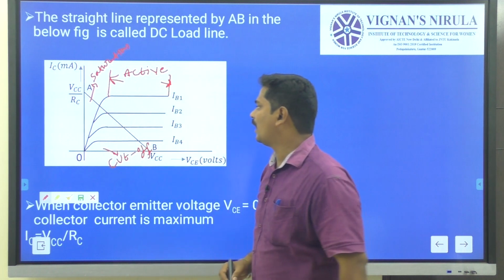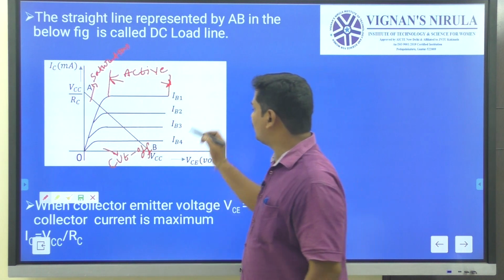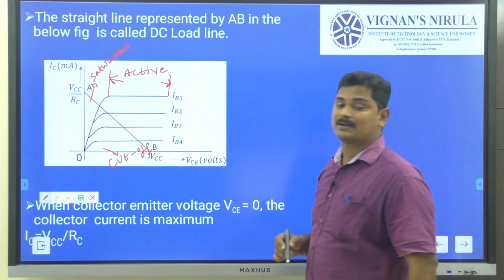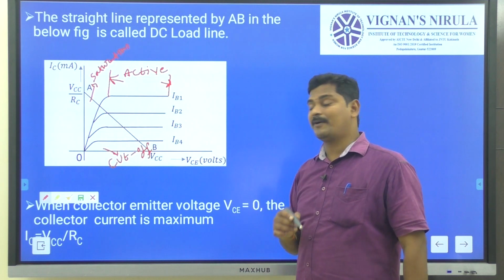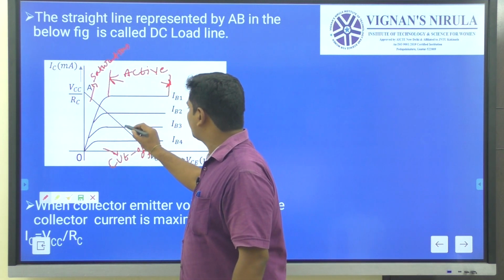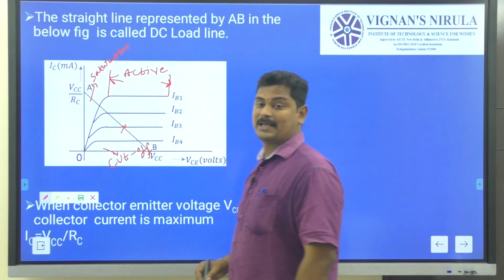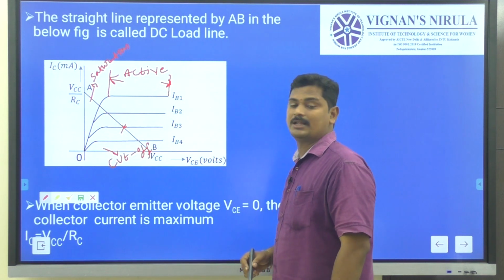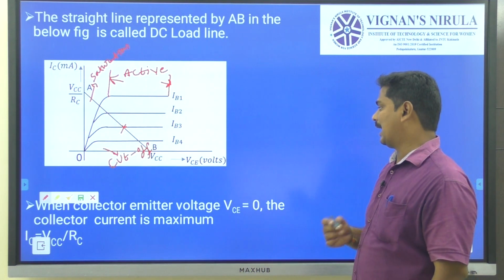Remember, whenever we use a transistor as an amplifier, the Q point should always be placed in this active region only, and then it will work as an amplifier.